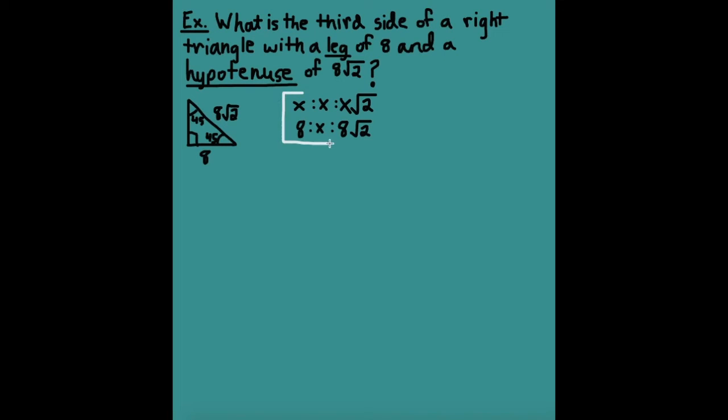I'm going to look at the two leg ratios, x to x and 8 to x. Since x equals 8, the other leg equals 8 as well. Hence, since the legs of a 45, 45, 90 triangle equal each other, we know that the other leg equals 8.